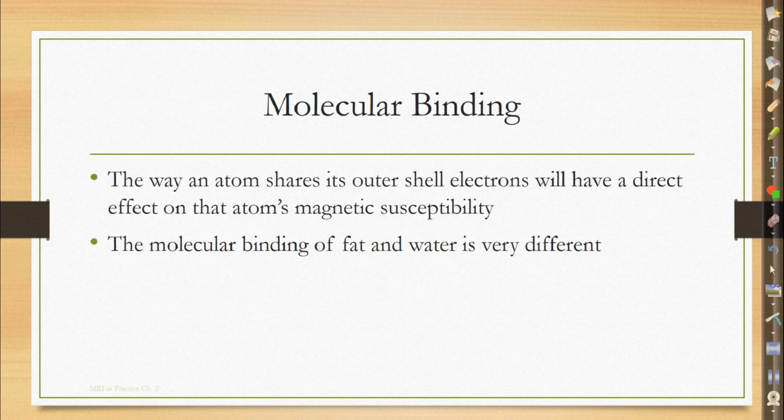Okay, so let's talk about this concept of molecular binding, because that's going to help us understand the tumbling and the precessional rates of fat and water. So molecular binding is basically the way an atom shares its outer electrons will have a direct effect on the atom's magnetic susceptibility. Because remember, our hydrogen isotope, what's that called? Protium.